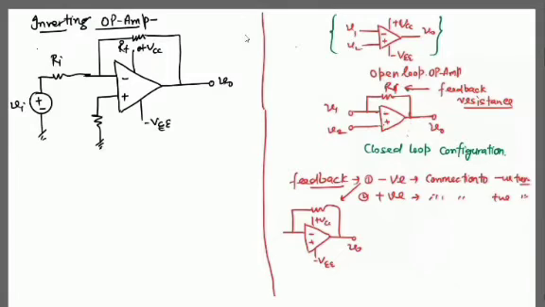And here the second configuration I would explain, minus and plus. If you take a fraction of the output and apply it at the positive terminal, this is positive feedback, with plus VCC and minus VEE. Generally, do you know the difference between a circuit with positive feedback and negative feedback?